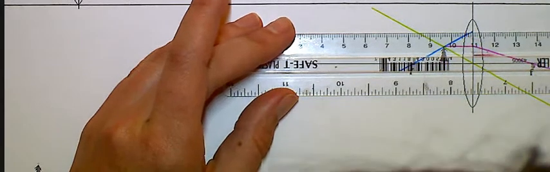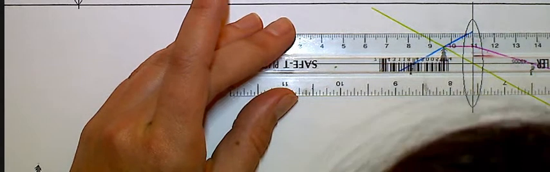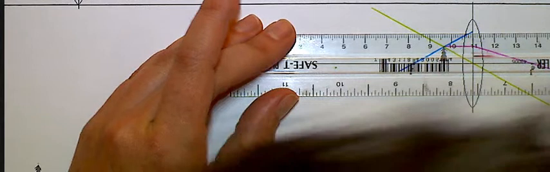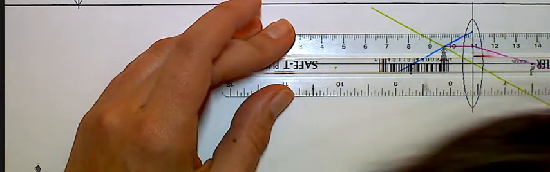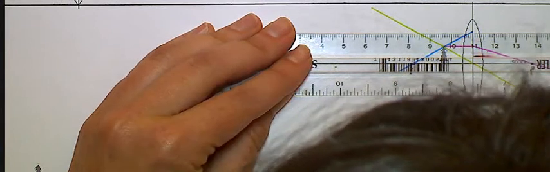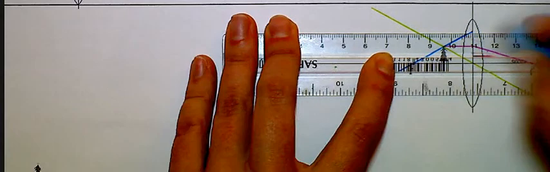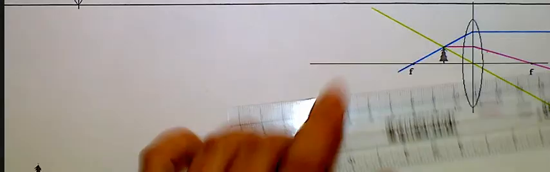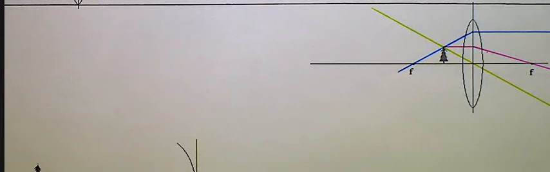I'm using my clear ruler to help me make sure that it's as parallel as it can be. Alright, so these rays will never intersect over here on the real side, so I'm going to need to dot them backwards, and this is what's going to give me my virtual image.